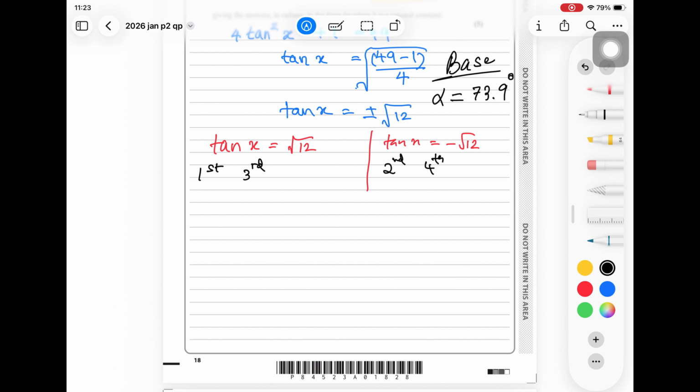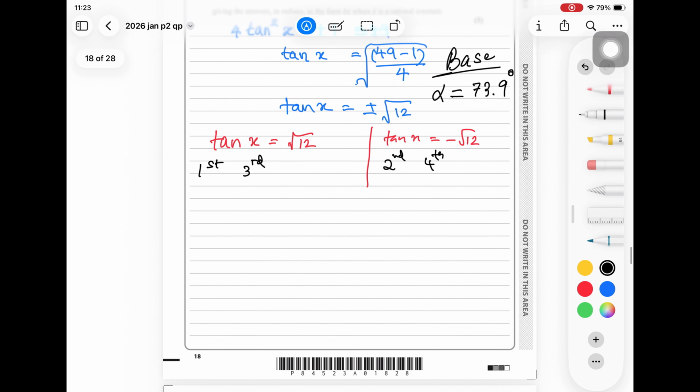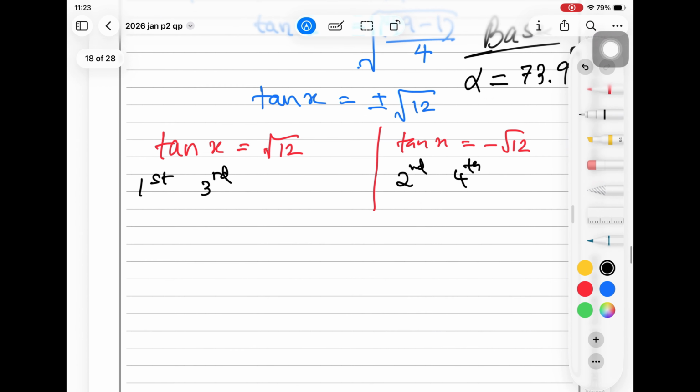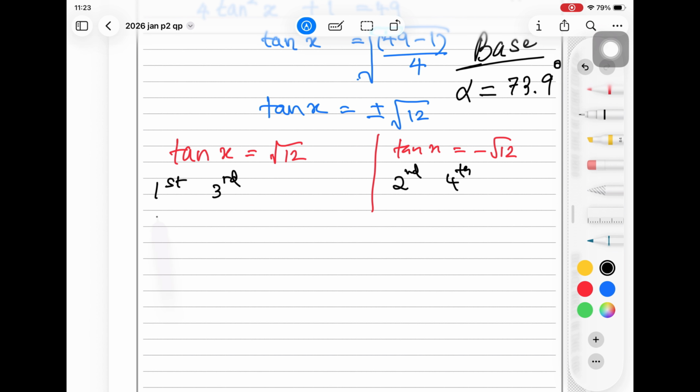When you do the tan inverse of root 12, this is what you're going to get. So in the first quadrant, it's going to be that exact alpha, which is 73.9, and for the third quadrant it's going to be 180 plus this angle, so it will give us another value. So these are the positive instances.